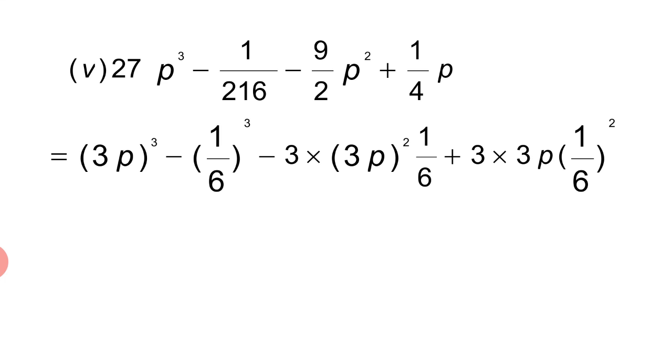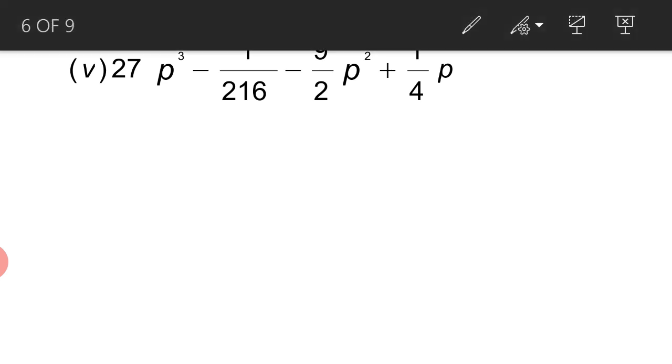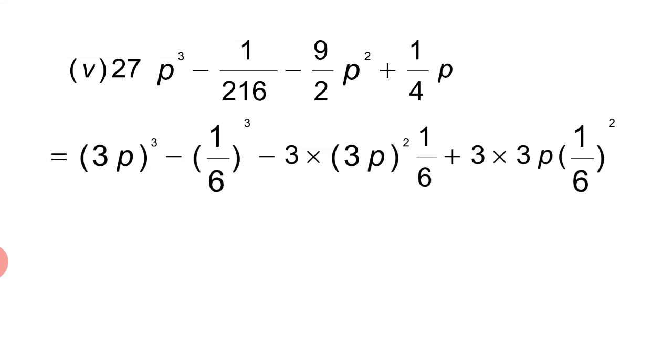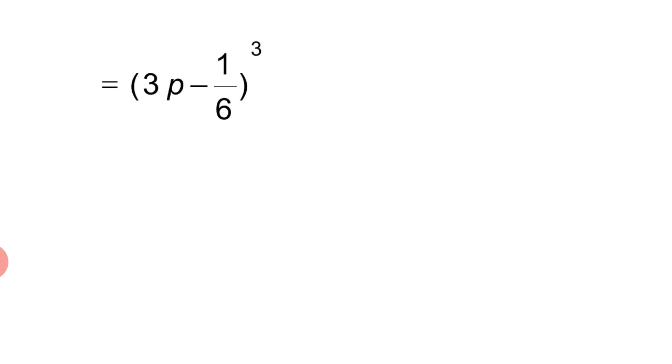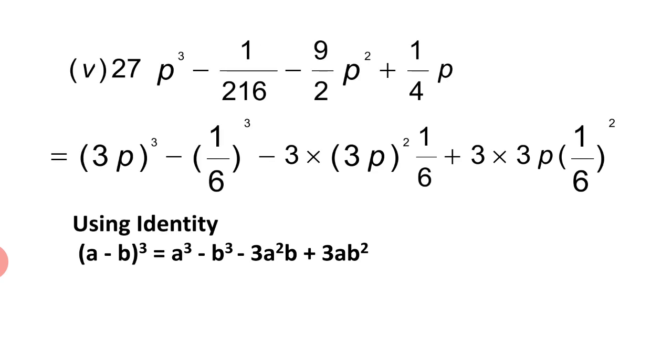So again we have compared the steps, this given expression is same as right hand side of the identity x minus y whole cube, and therefore we write using the same identity. Now here it is p, so we can go with a minus b, and hence we write it is cube of 3p minus 1 by 6. Are you getting how to compare, children?